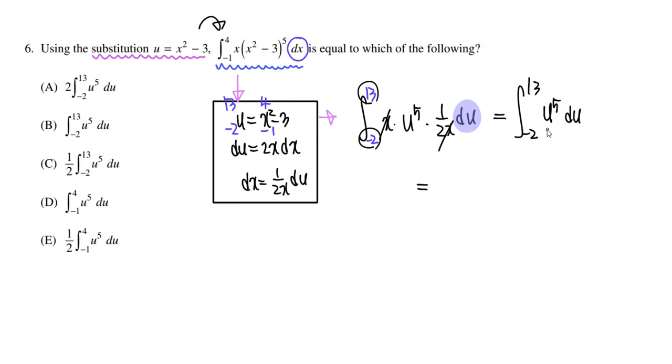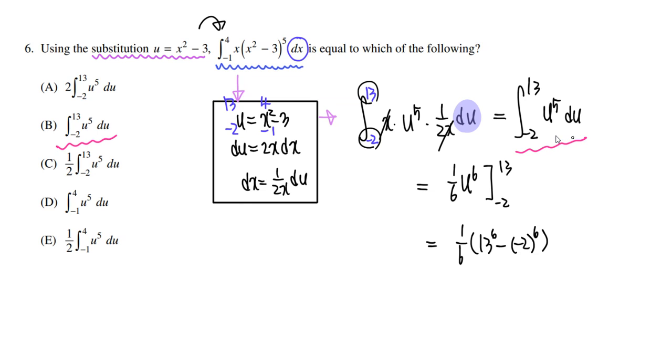We can integrate this easily: 1 over 6 u to the 6 from -2 to 13, so it's 13 to the 6 minus (-2) to the power of 6. But we don't need to do this. We just have to get the integral representation, so I think choice B is the proper one for this problem.